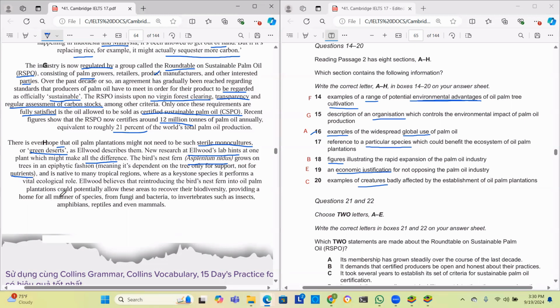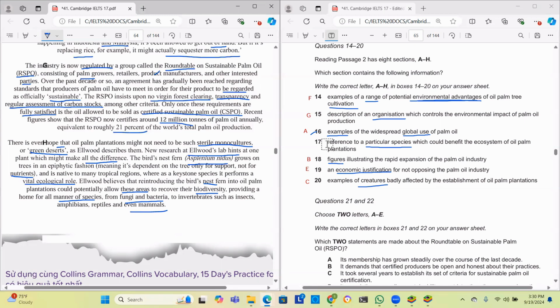It is native to many tropical regions where, as a keystone species, it performs a vital ecological role. Elwood believes that reintroducing the bird's nest fern into oil palm plantations could potentially allow these areas to recover their biodiversity, providing a home for all manner of species from fungi to bacteria to invertebrates such as insects, amphibians, reptiles, and even mammals.